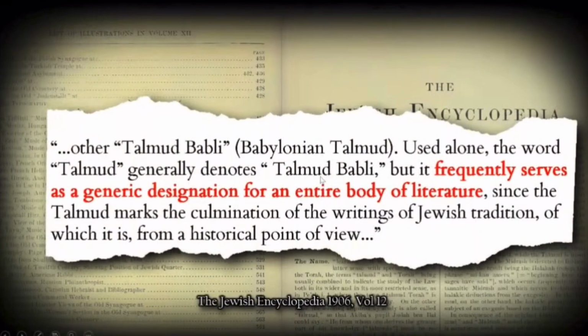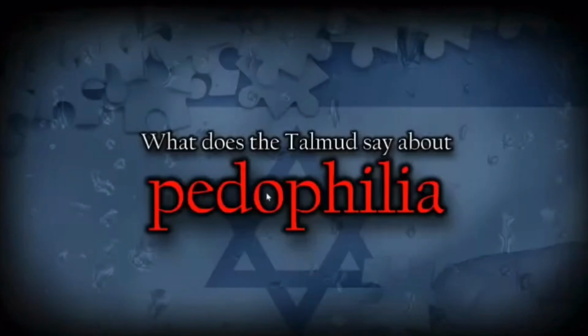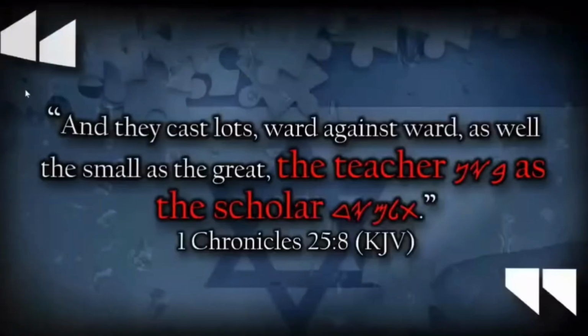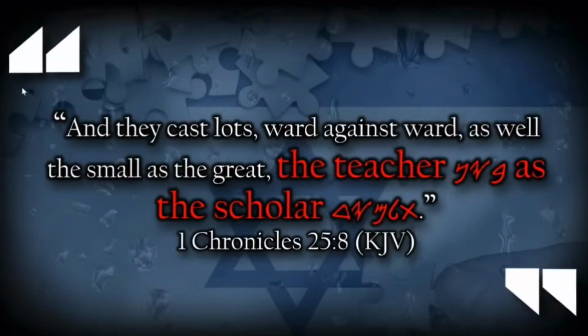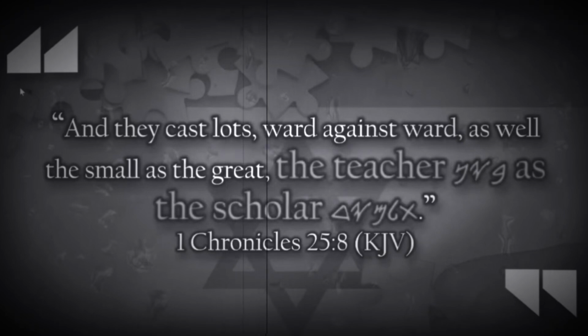Goes on to say Talmud Babli, but it frequently serves as a generic designation for the entire body of literature. So this is giving you more information on it. So we already know that the Talmud deal with pedophilia. We already know that. We already taught that. So let me see here. What else do I want to cover here? I don't know why this is doing this. Bear with me 1 second, family. May have to call it a wrap because I'm having some issues with here.